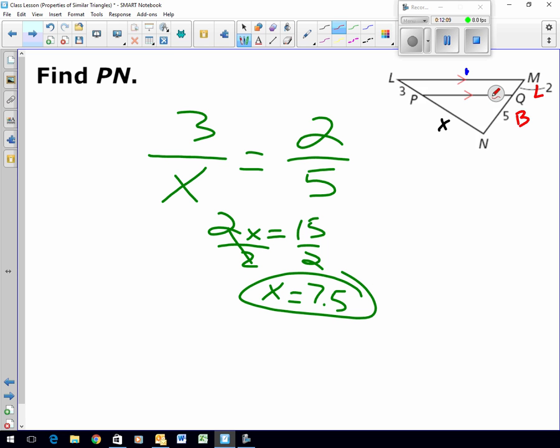Now go to the other side. Which one do you think is going to be? So you know your edge. I can make it really tough and do it like that, but understand, because it's a proportion, it's got to work out that way.